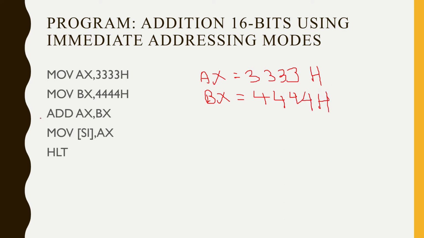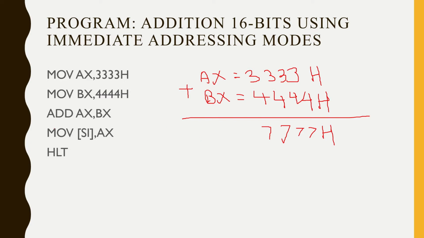Then the operation add AX comma BX means the content of register BX is added to the content of register AX. So the operation will be carried out and the result will become 3 plus 4 is 7, 3 plus 4 is 7, 3 plus 4 is 7, 3 plus 4 is 7. So the result will become 7777 in hexadecimal.